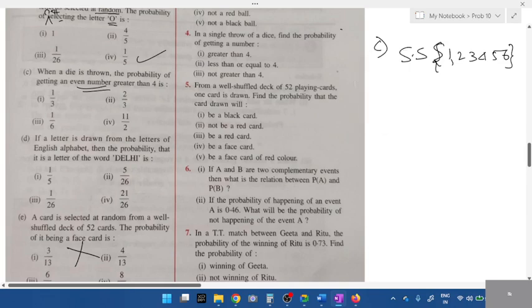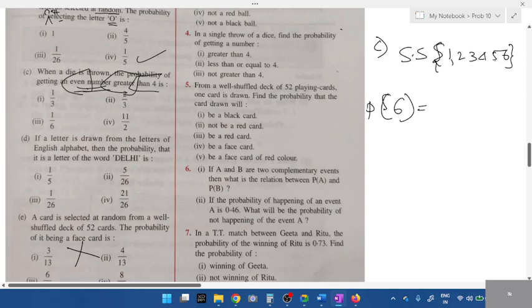Only 6. They have given two criteria, two limits. We call it a limit. Limit is they're setting a restriction. What are the restrictions here? The first one is even number, and the second restriction is greater than 4. So it has to be an even number and greater than 4. What's the answer? Probability of 6.